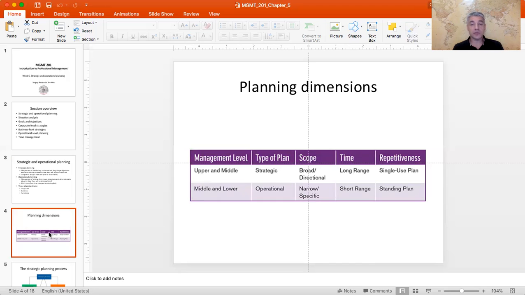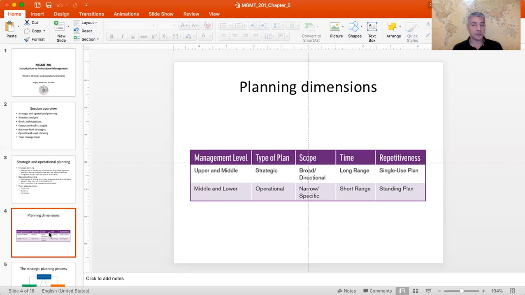You develop those plans for projects that are rather unique. So let's say you want to build a new facility or you want to expand into a different country. So those major projects are unlikely to repeat in any similar fashion in the future. So for each of those projects, you require a separate plan.